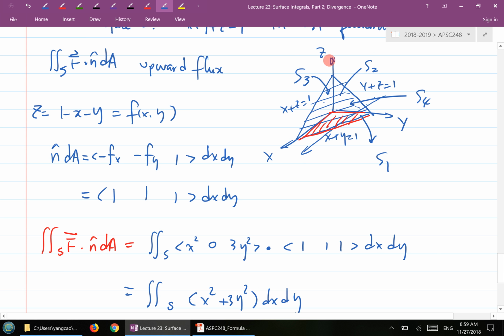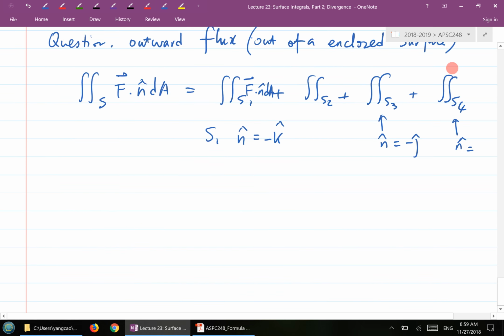For the S3 plane here, the dA will be what? That's right. And similarly for S4, I believe the n hat is going to be negative i hat.